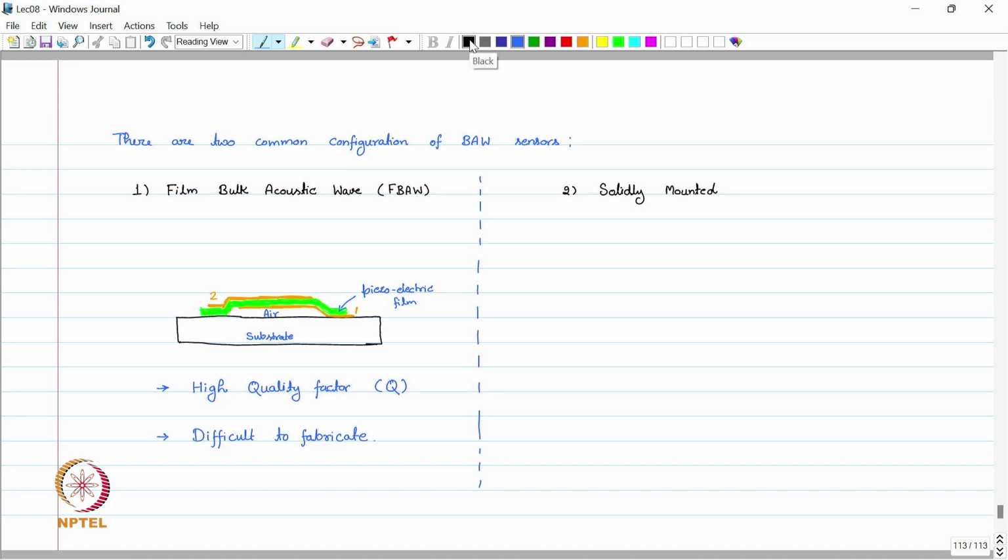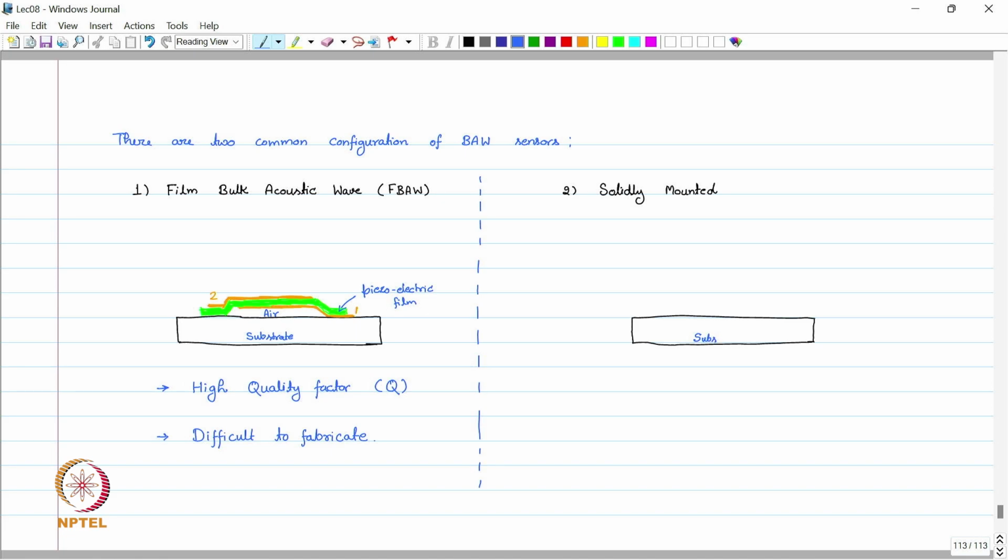Now let's discuss the solidly mounted BAW sensors. The structure is easy to fabricate, where we have this substrate. Now this substrate is going to absorb some of the mechanical energy.